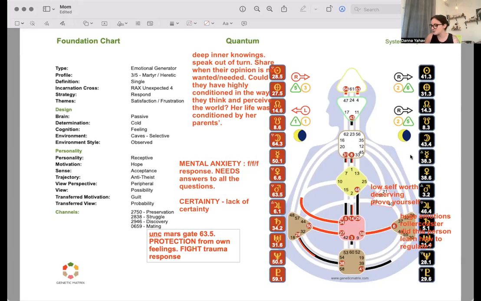But now I realize that that was her trauma response, and that's how she was trying to protect her own feelings, and that's how she was trying to protect herself, and that was how she was dealing with her uncertainty, with dealing with her mental anxiety.